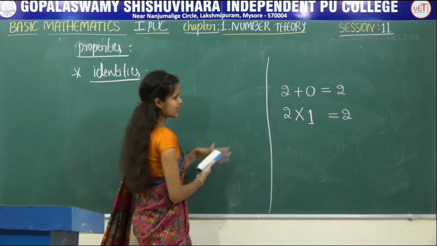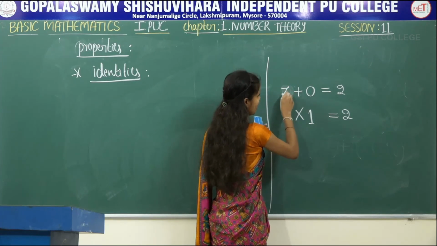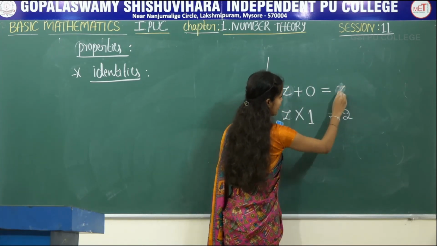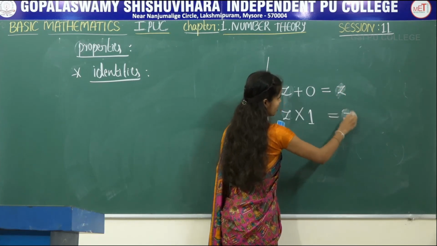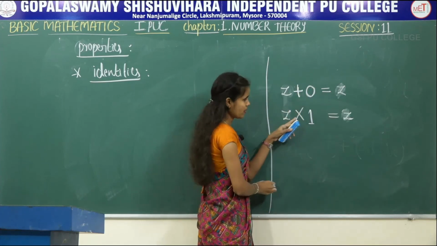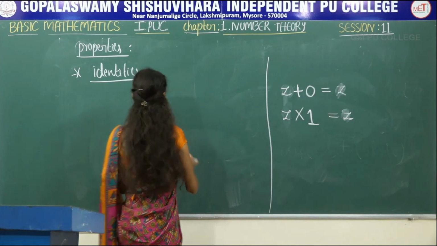In place of numbers, consider complex numbers, write z. So z plus 0 is z, z into 1 is z. Therefore 0 is called the additive identity for addition, and for multiplication, 1 is called the multiplicative identity.